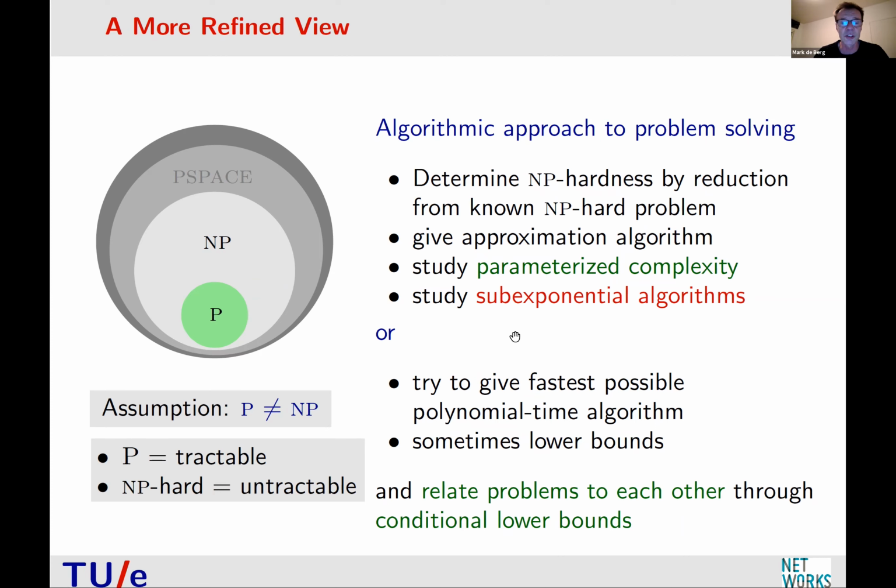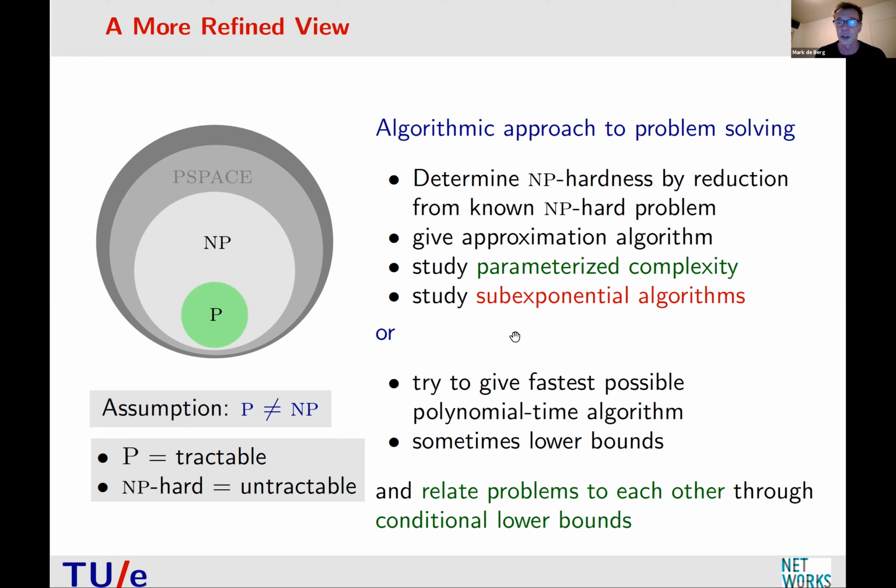The other thing that people also do is, even for problems that you can solve in polynomial time, say you can solve the problem in n squared time, and you wonder, can we do faster? Well, even if you cannot prove lower bounds, then you might relate the problem that you have to another problem via some sort of reduction, and then say, if this problem cannot be solved in, let's say, subquadratic time, then this other problem cannot be solved in subquadratic time either.